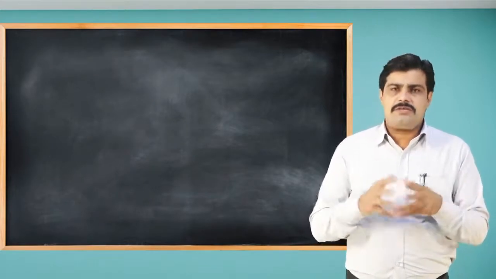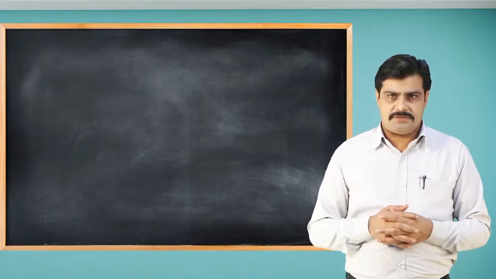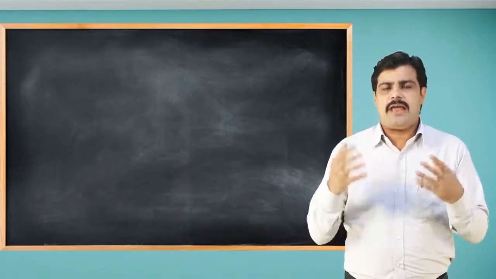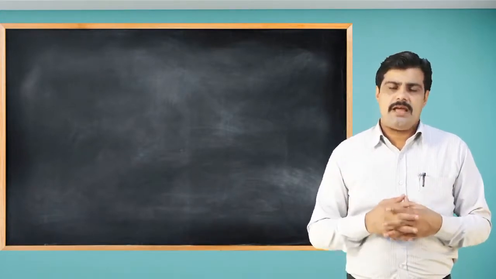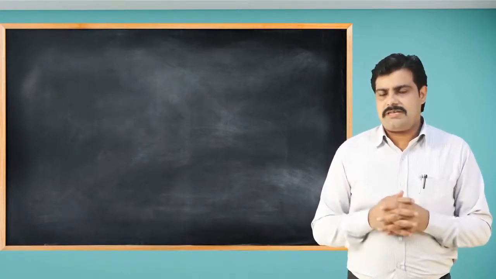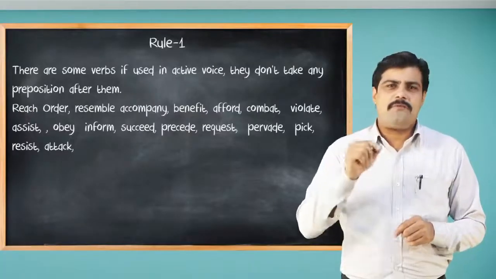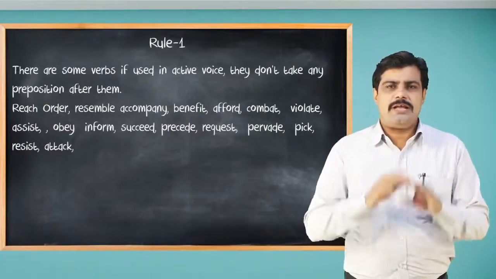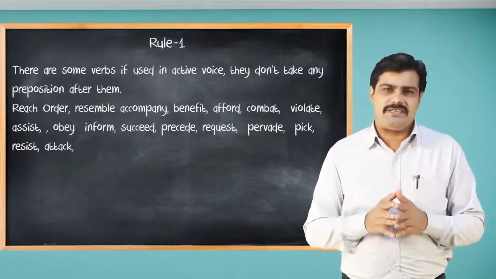Now here are certain rules for prepositions, and these rules will help us out to detect errors in the uses of preposition. So let's see rule number 1. There are some verbs, if used in active voice, they don't take any preposition after them.